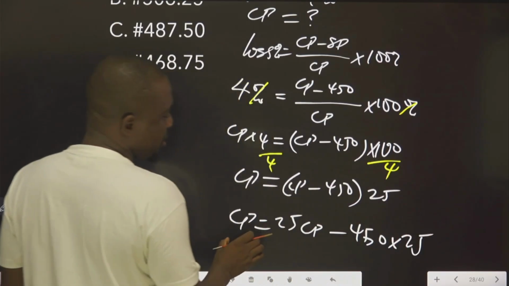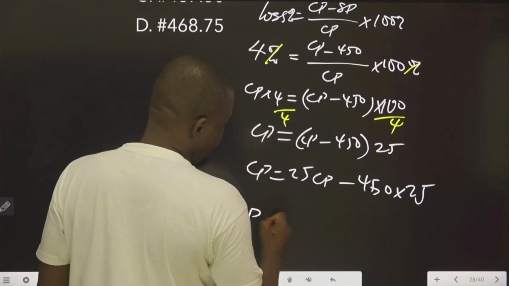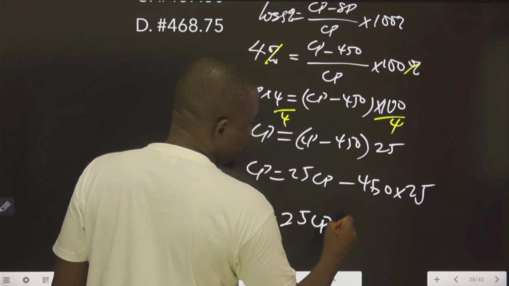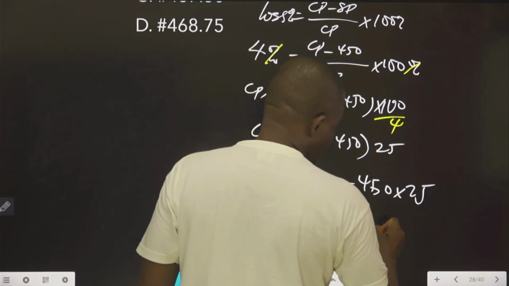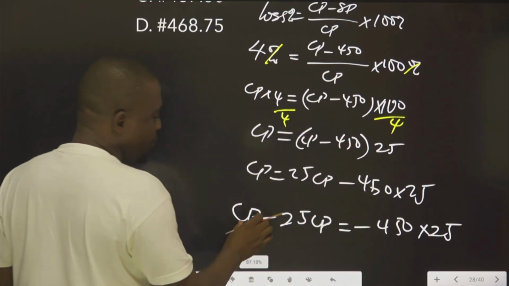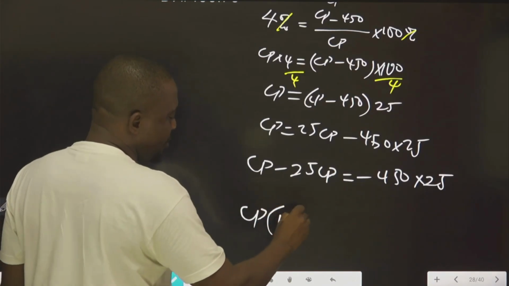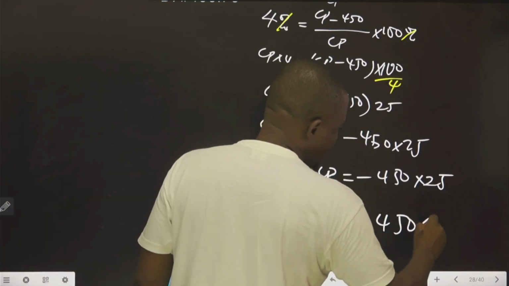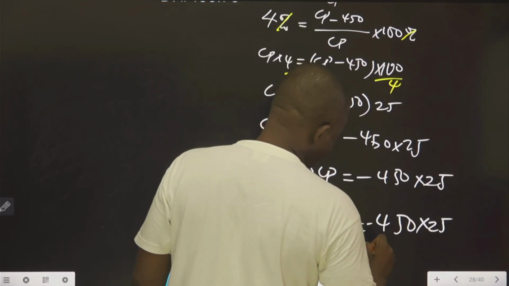Okay? So now CP minus 25 CP equals to minus 450 multiplied by 25. You agree with me? CP will come out here. 1 minus 25 equals to 450. Remember there's minus here.